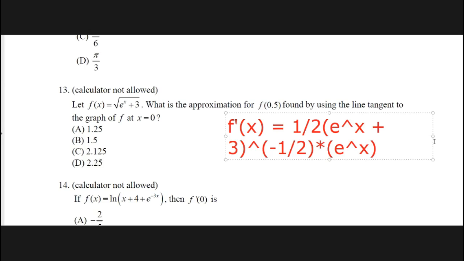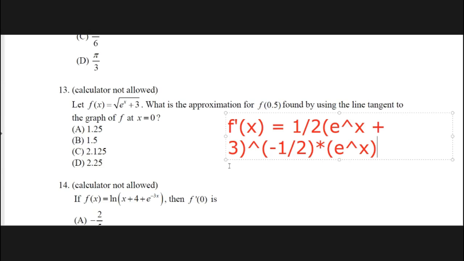So that gives me 1/2 e to the x plus 3 to the negative 1/2 times e to the x. So written out, that's kind of like 1/2 square root of all of that with that e to the x on top. So that represents my slope. I need to find my slope at f prime of 0.5.